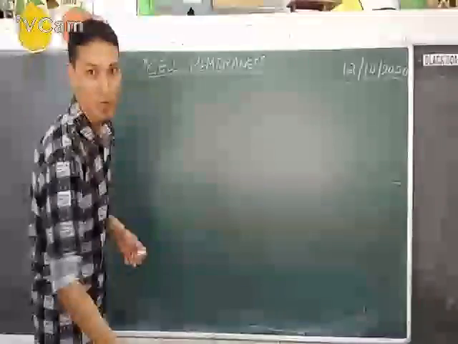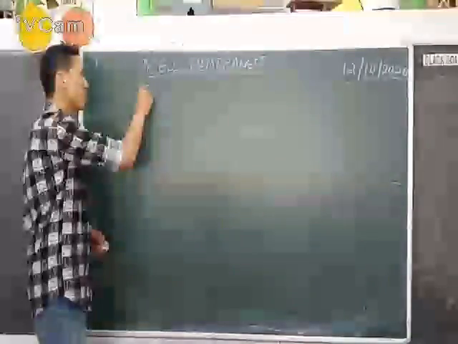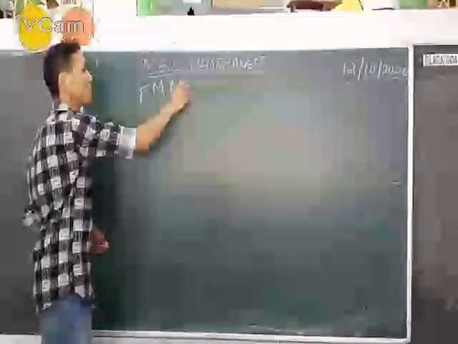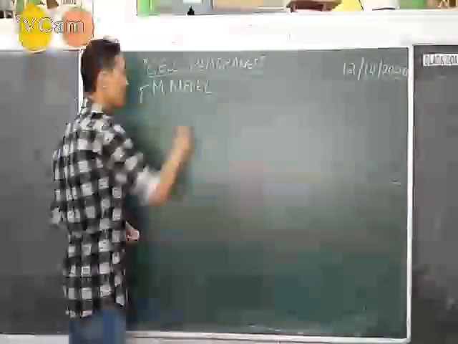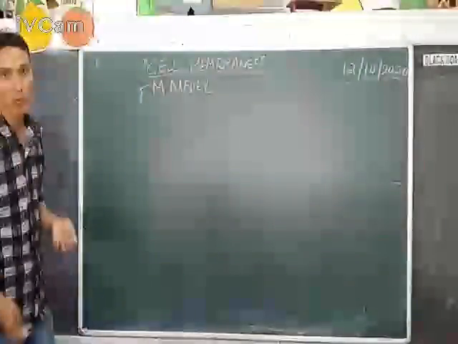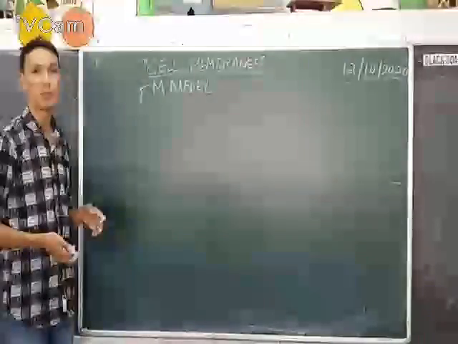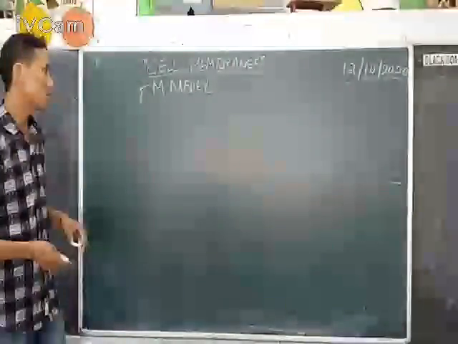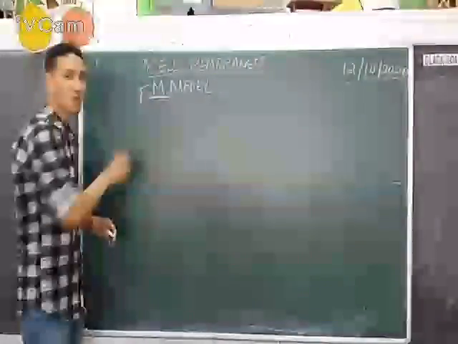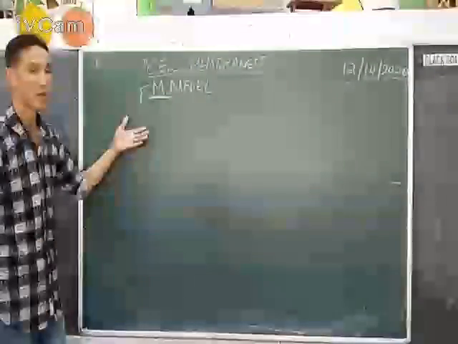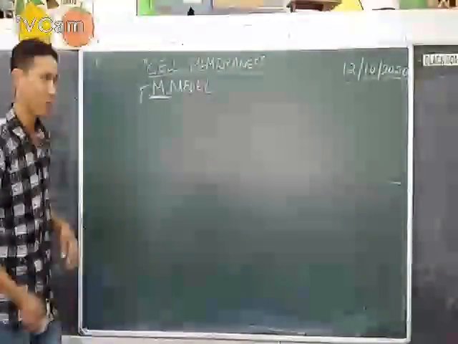So just remember, when we talk about cell membranes, fluid mosaic model. Why is it called fluid? Because it's capable of movements, which can either be lateral or peripheral movement. Why is it called mosaic? Because the protein structure is arranged randomly, just like a painting.